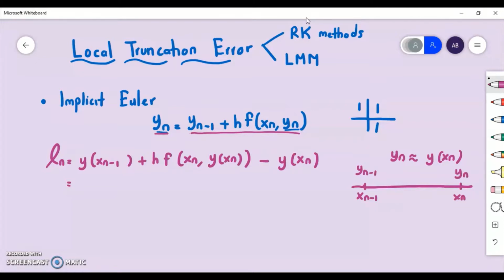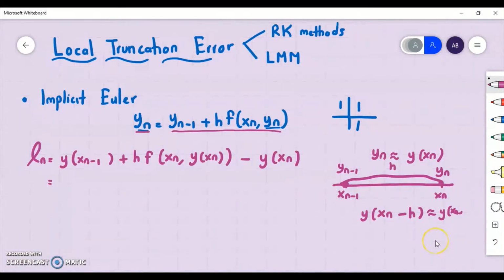Whatever the value of xn is here, we know the step is h, so xn minus 1 is also equal to xn minus h. So this is similar to y at xn minus 1.